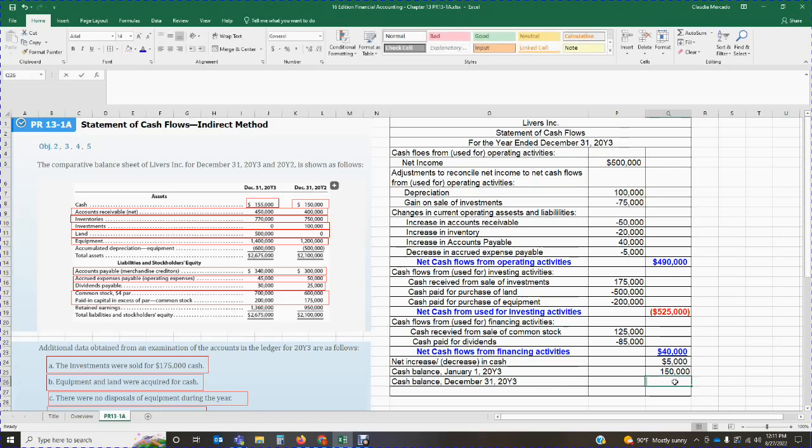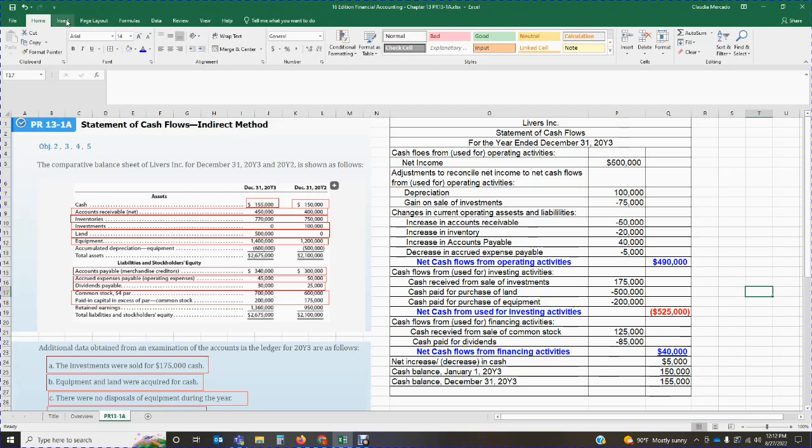If we add my net increase in cash, the $5,000 we calculated based on all of the operating, investing, and financing transactions, to my beginning cash balance of 150, that should give you your ending cash balance posted on your balance sheet of 155.